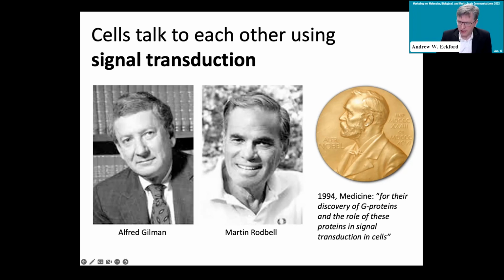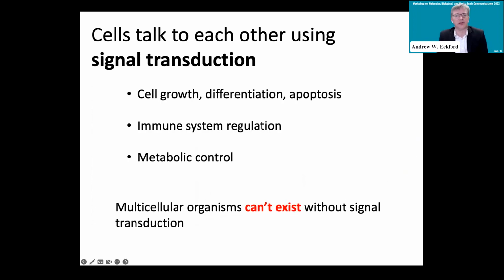When I say that cells talk to each other using signal transduction, that's true in a very broad sense. Signal transduction controls basically every multicellular process in the body: cell growth, differentiation in the embryo, apoptosis, immune system regulation, metabolic control.